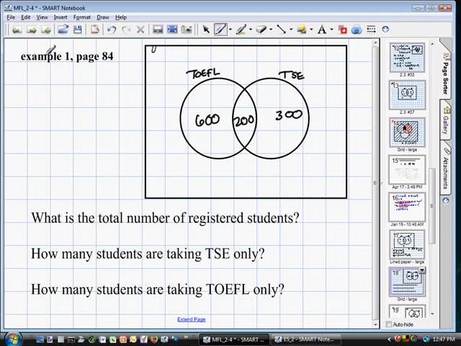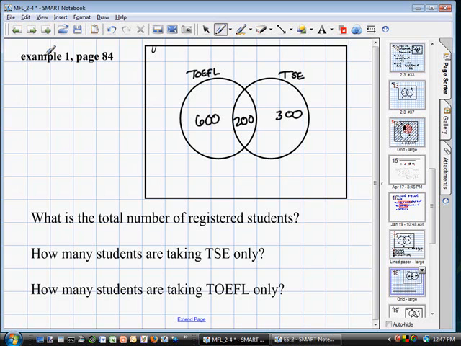Now, let me just explain. There are 2 language tests for people who are not native English speakers. There's the TOEFL. I don't even remember what it stands for. The Test of English Fluency or something like that. And then there's TSE. There's just 2 different kinds.